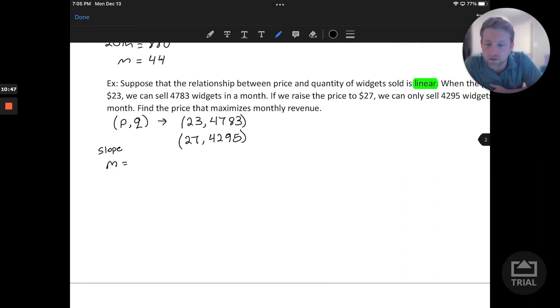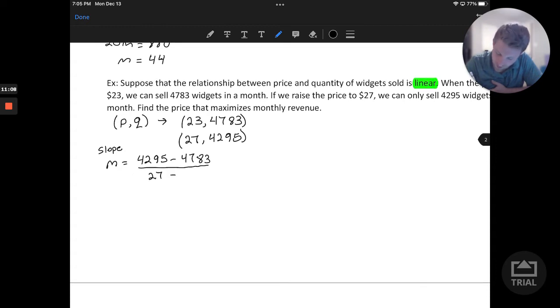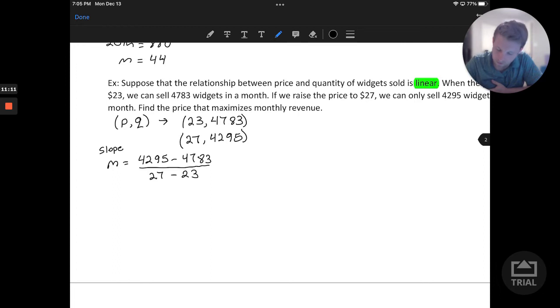We'll go ahead and find slope just with our normal algebraic methods. So this would be the change in our output divided by the change in our input. And we'll just make sure that these have the same order. So it's 27 minus 23.